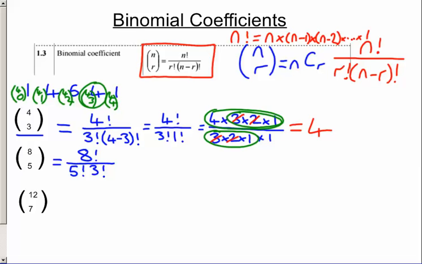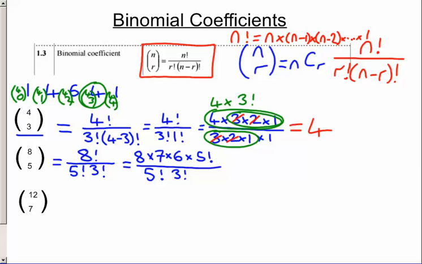So that was actually 4 times 3 factorial. We're going to use that to make this a bit easier. 8 factorial is 8 times 7 times 6 times 5 factorial. That's over 5 factorial, 3 factorial.